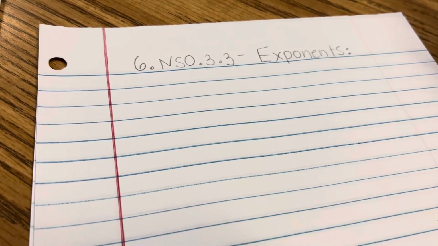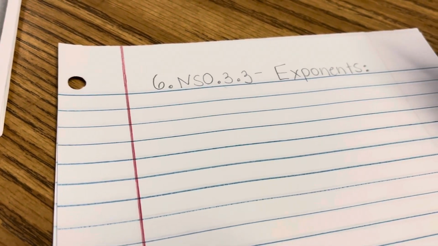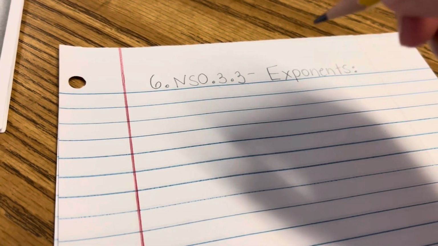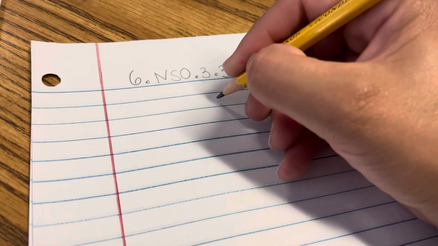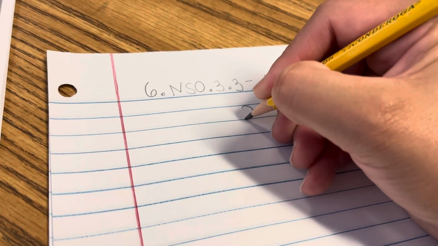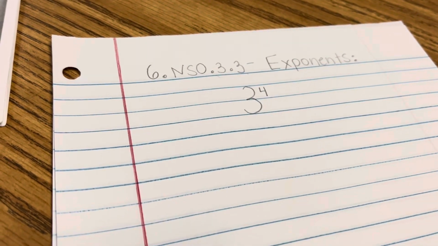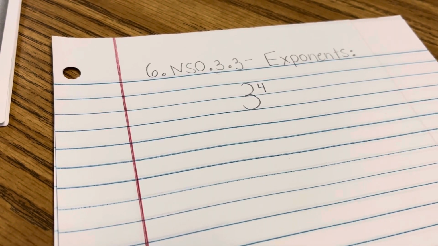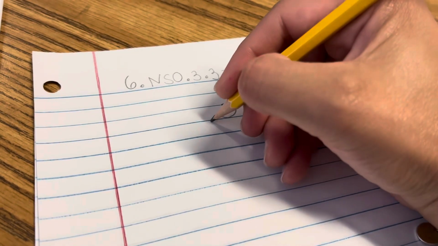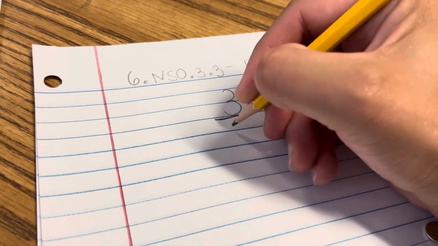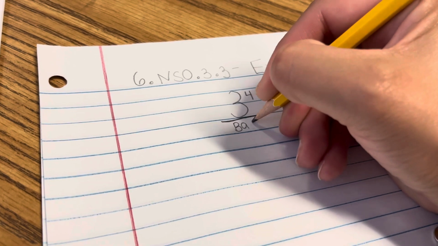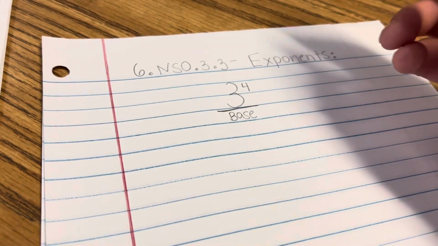One big thing that I need you to know is that there is a base and there is an exponent. Will you go ahead and give me a big 3, and then right next to it, a little 4. This 3, I'm going to underline it, and write that it is the base.